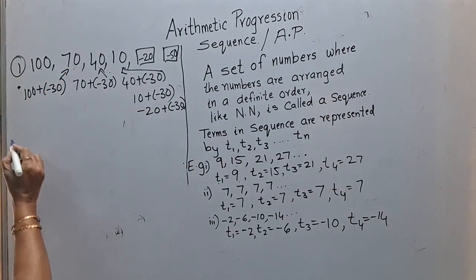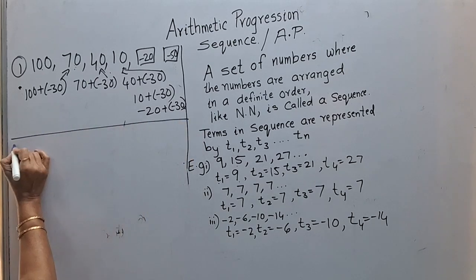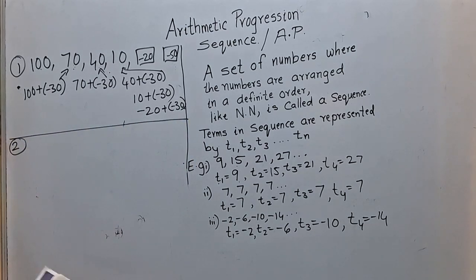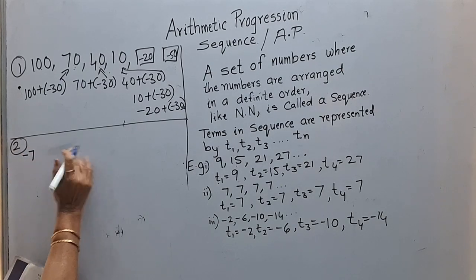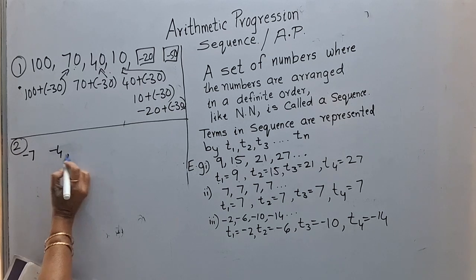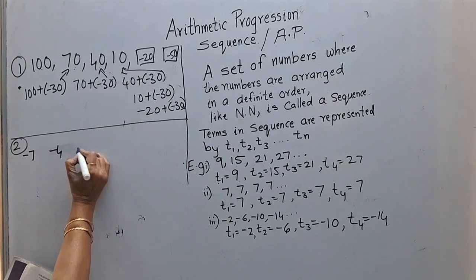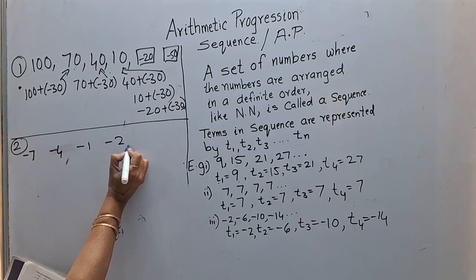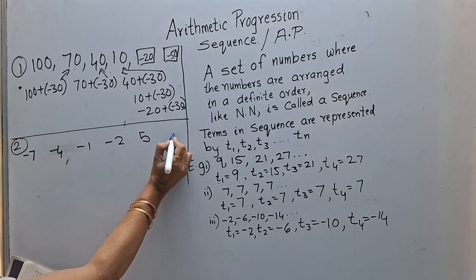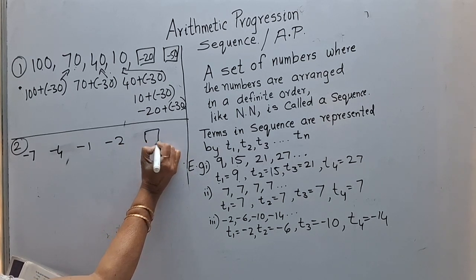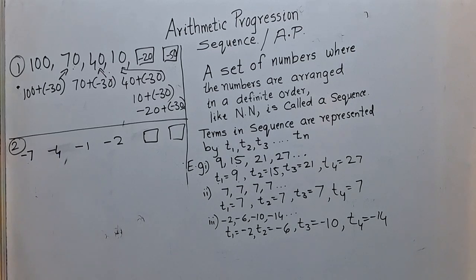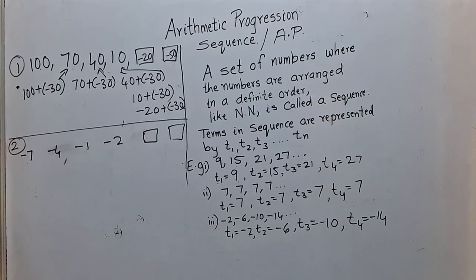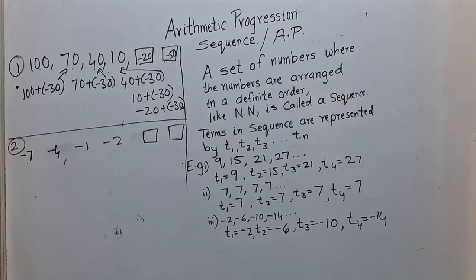Similarly, I will now take the second example: minus 7, minus 4, then minus 1, 2, 5, and you are going to find the next terms. What is the difference? Between minus 4 and minus 7, one is plus, one is minus, and the sign of the greater number applies, so it will be 3.